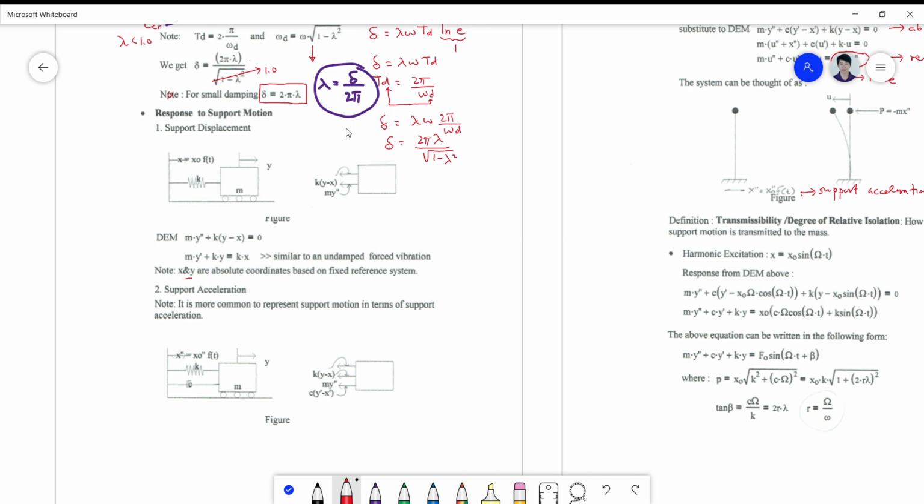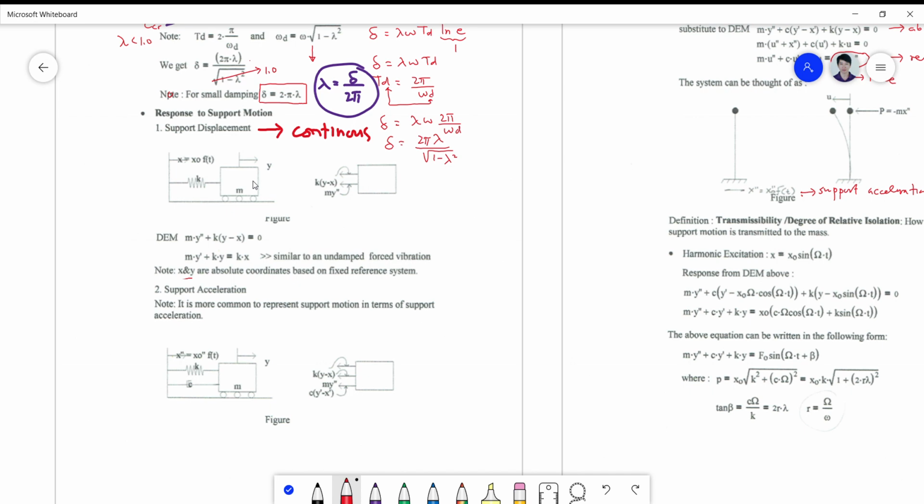Most of the problems in earthquake engineering are fundamentally related to this type of excitation. Okay, so the support displacement that is mentioned here is not the initial displacement. These are actually a continuous motion of the support that will induce the body, the mass, to vibrate.